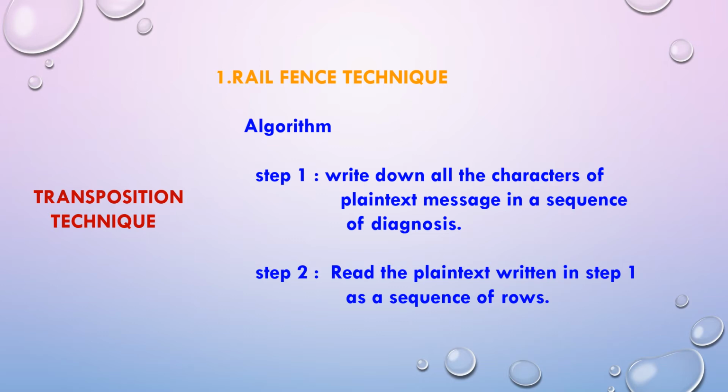Now we will see the algorithm steps. Step number 1, write down all the characters of the plain text message in a sequence of diagonals. Step number 2, read the plain text written in step 1 as a sequence of rows.